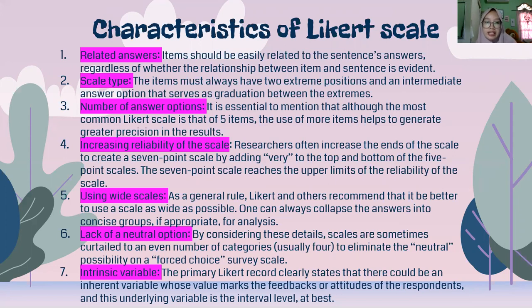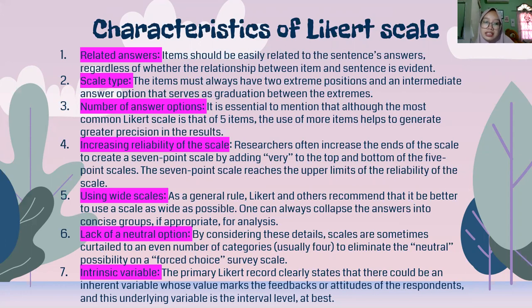The fourth is increasing reliability of the scale. Researchers often increase the end of the scale to create a 7-point scale by adding very to the top and bottom of the 5-point scales. The 7-point scale reaches the upper limits of the reliability of the scale.